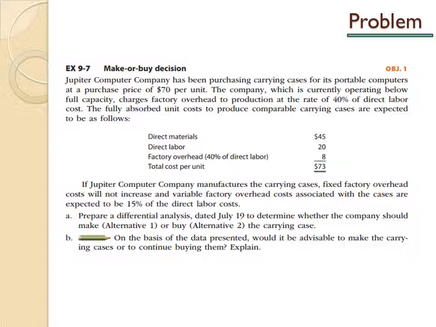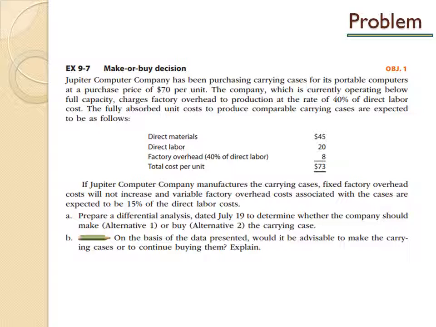Jupiter Computer Company has been purchasing carrying cases for its portable computers at a purchase price of $70 per unit. The company, which is currently operating below full capacity, charges factory overhead to production at the rate of 40% of direct labor costs. The fully absorbed unit costs to produce comparable carrying cases are expected to be as follows.